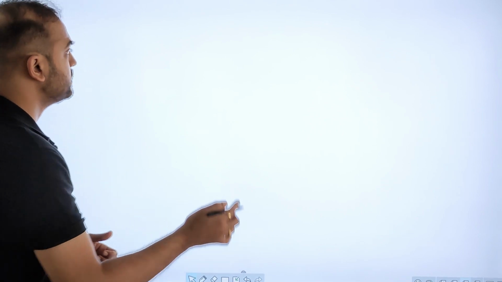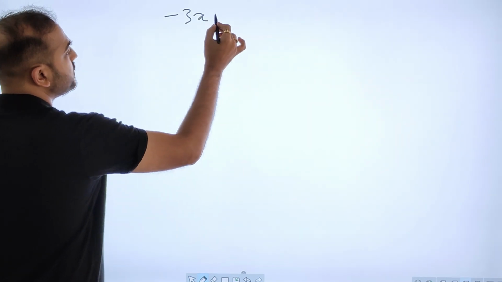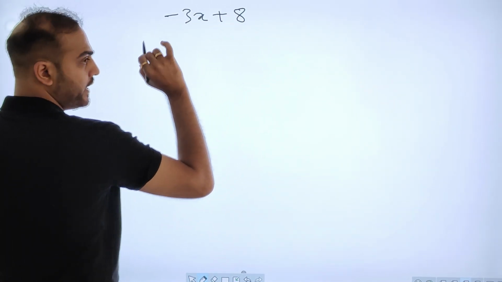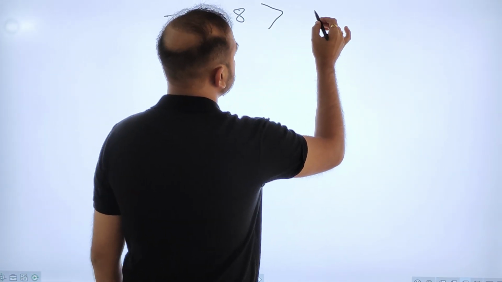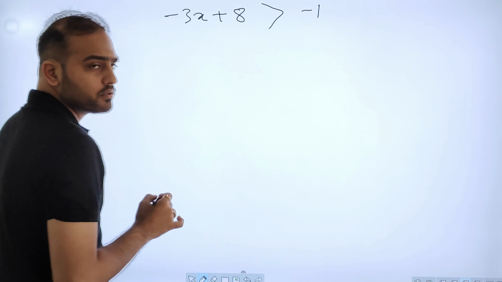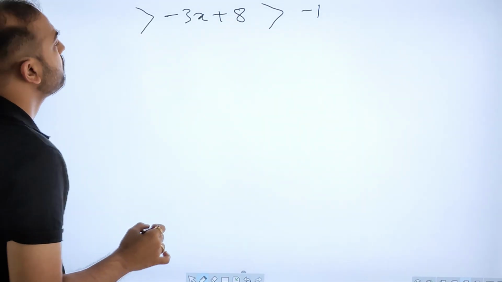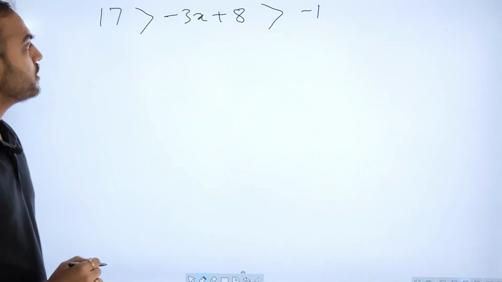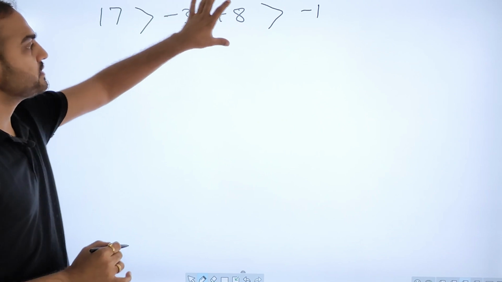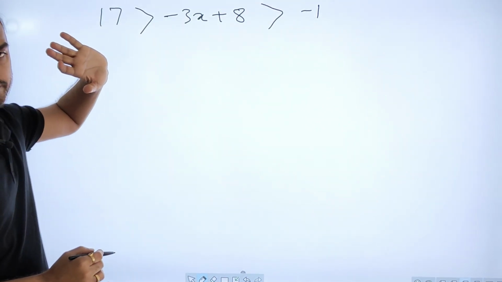These are just multiple inequalities that you are solving at once. Say for example, we have minus 3x plus 8 is greater than minus 1 and is less than 17.